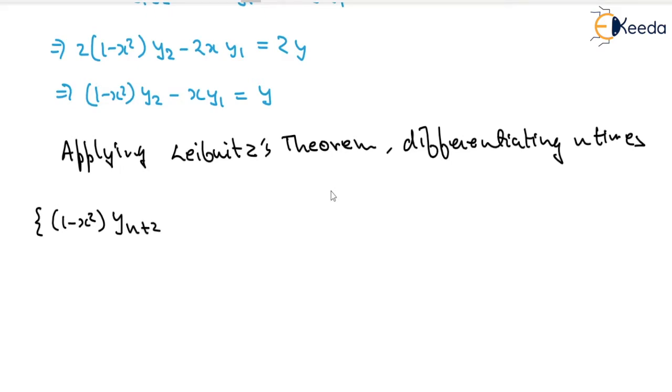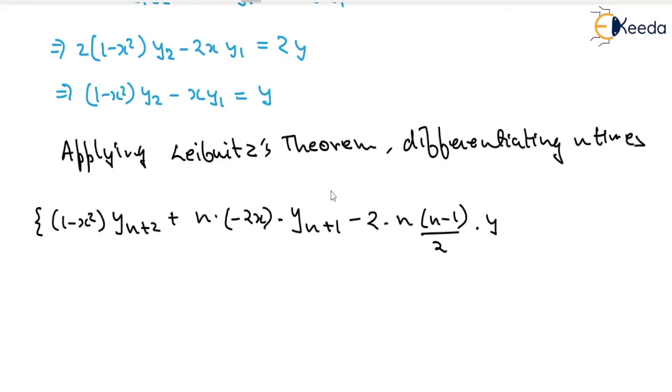So it was already a second derivative, and nth derivative over it is n plus 2. Plus n times of first derivative of 1 minus x square, which is minus 2x, into n minus 1th derivative of y2. So this is yn plus 1. Again minus 2, that is the second derivative of 1 minus x square, into n into n minus 1 divided by 2 into n minus 2 derivative of y2, which is yn. So this was about the first term.